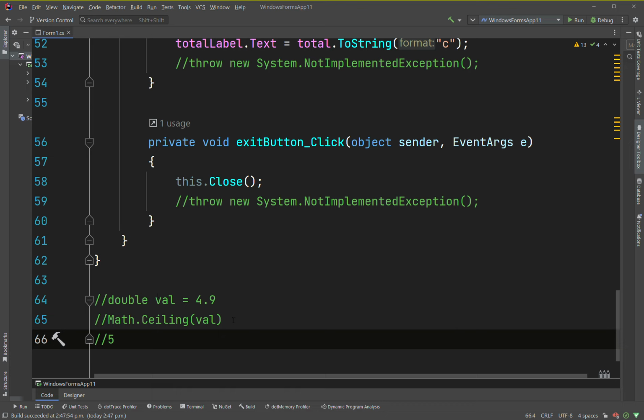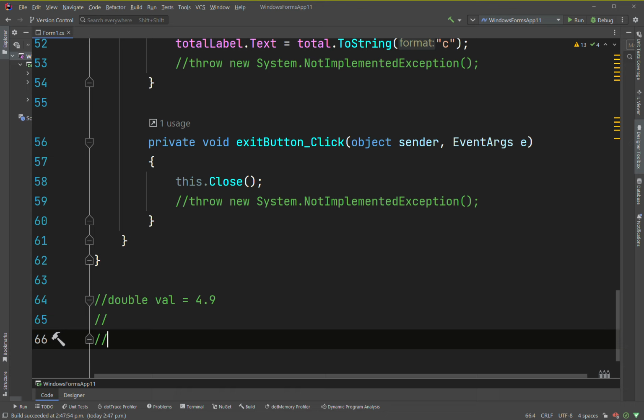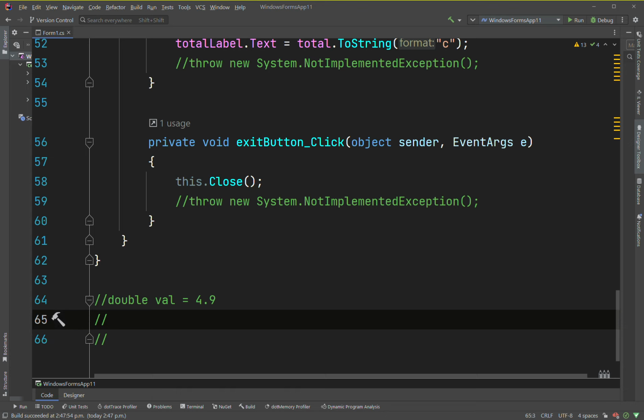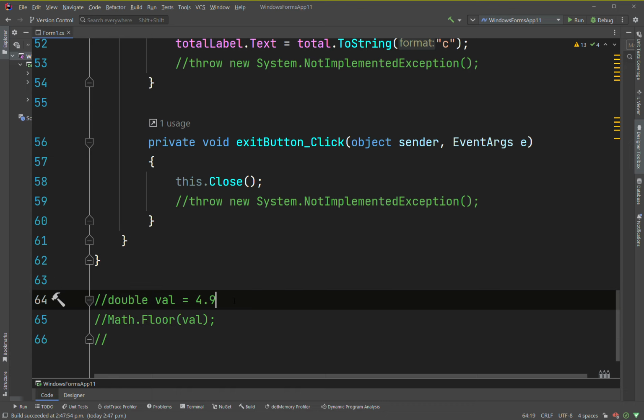So now we'll take this out. Here we're going to call math.floor and pass in val. Sorry, I forgot a semicolon here too.